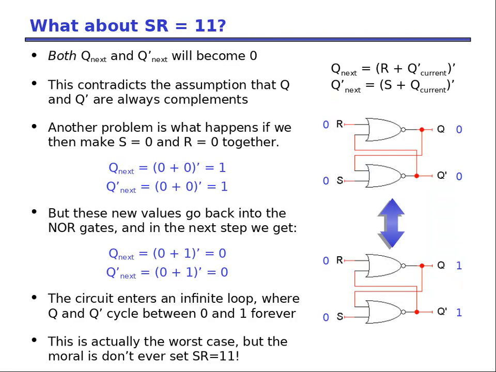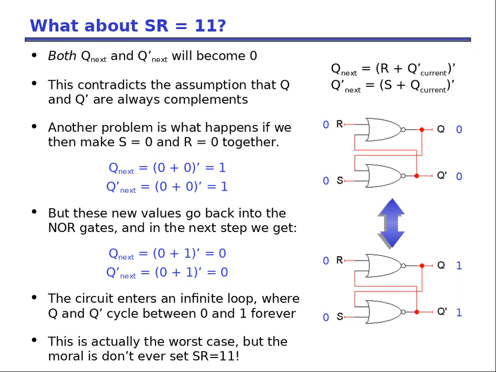All right, I told you last time don't ever do 1, 1 because that processes streams, which is bad. And what's going to happen if you do that? Well, both Q next and Q not next become 0, but this contradicts the assumption that Q and Q not are always complements. Here, let's show you what's going on.